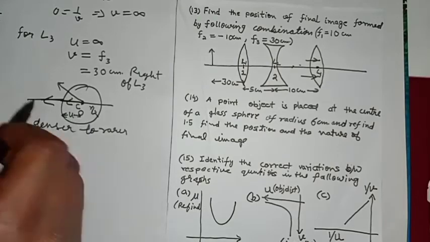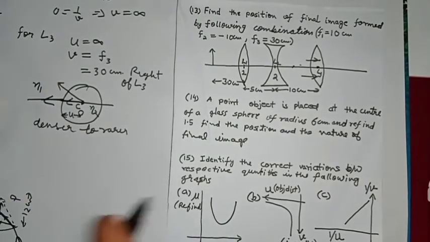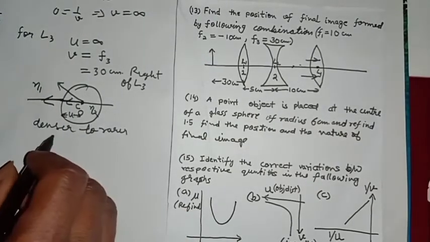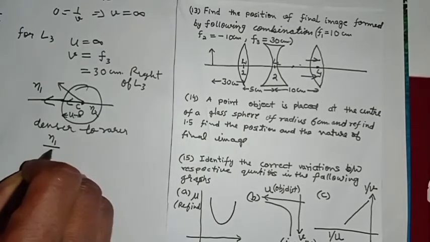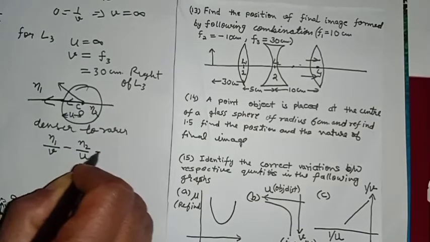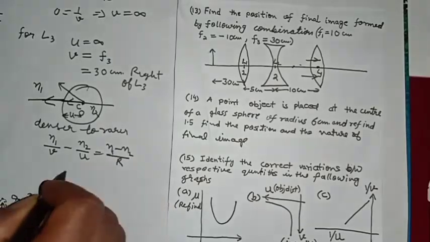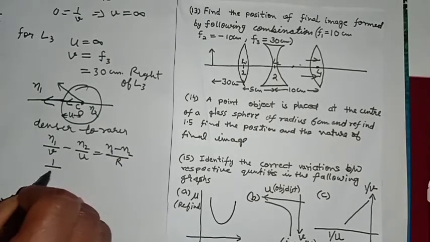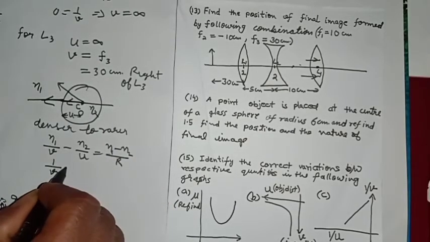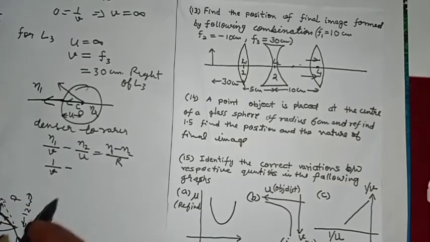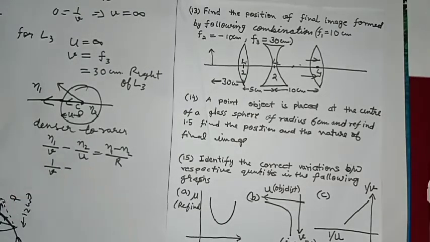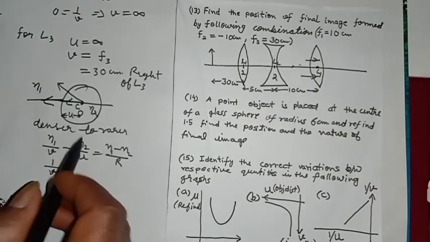So remember, the formula which I gave in the beginning was for a curved surface, for rarer to denser refraction. But for denser to rarer, we interchange eta 1 and eta 2. Eta 2 refers to the denser medium, eta 1 refers to the rarer medium.